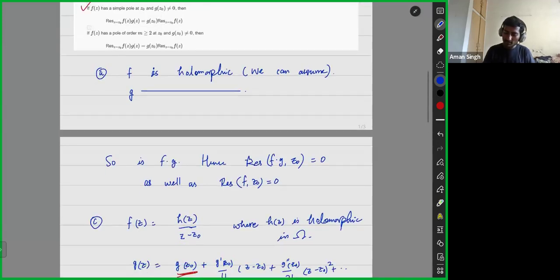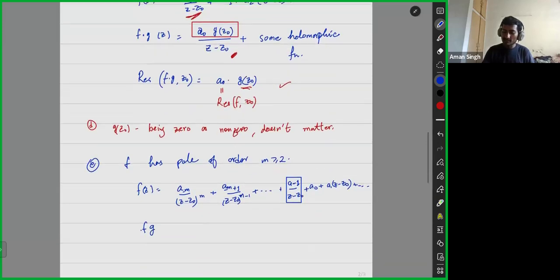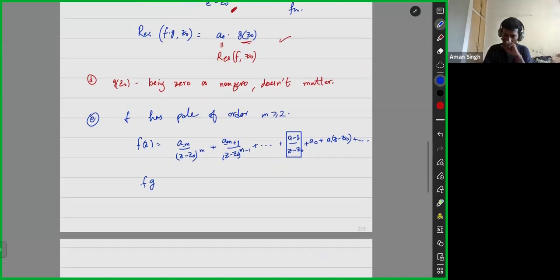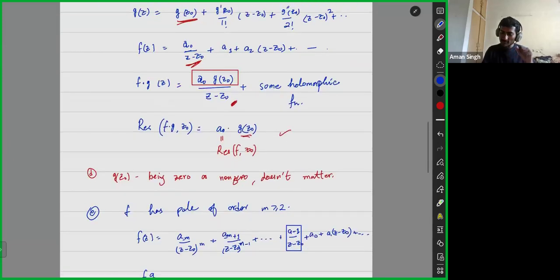For f into g, what happens? How many ways can this negative degree term come? So in g, you have to multiply this.